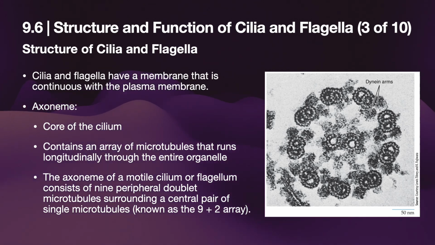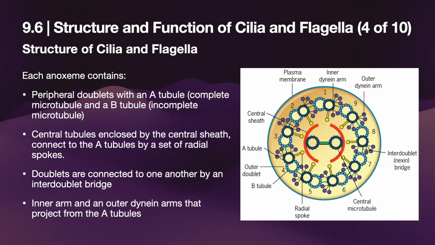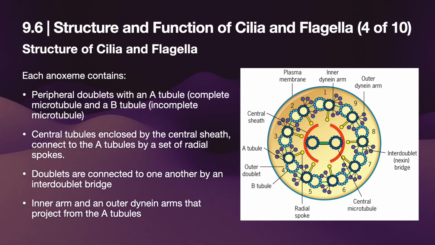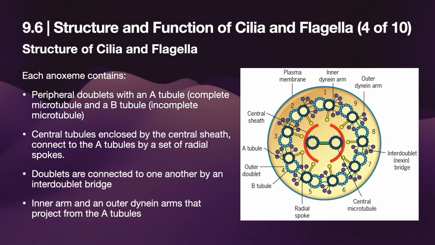You will see the dynein arms on this figure, which is what we call the axoneme. The axoneme contains peripheral doublets with an A tubule, which is a complete microtubule, and a B tubule, which is an incomplete microtubule. Central tubules are enclosed by a central sheath connected to the A tubules by a set of radial spokes.